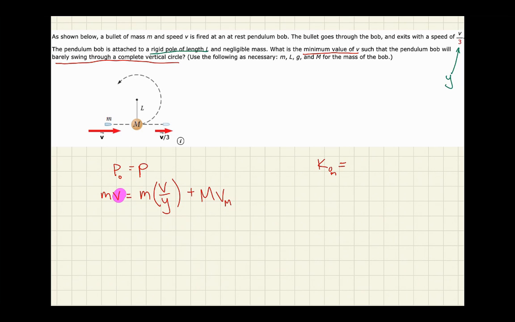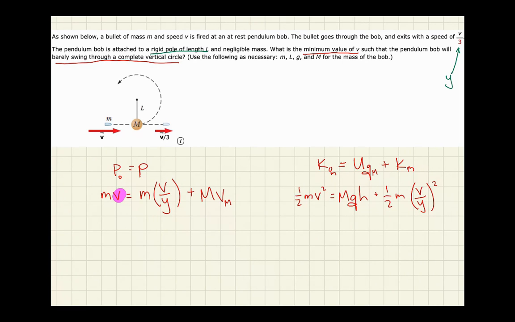After the collision, you have the energy of the bob at the highest point, so U_G of big M, and you have the final kinetic energy of the bullet, little m. So that would be 1/2 little m v squared equals big M times g times h plus 1/2 times little m times v over y squared.